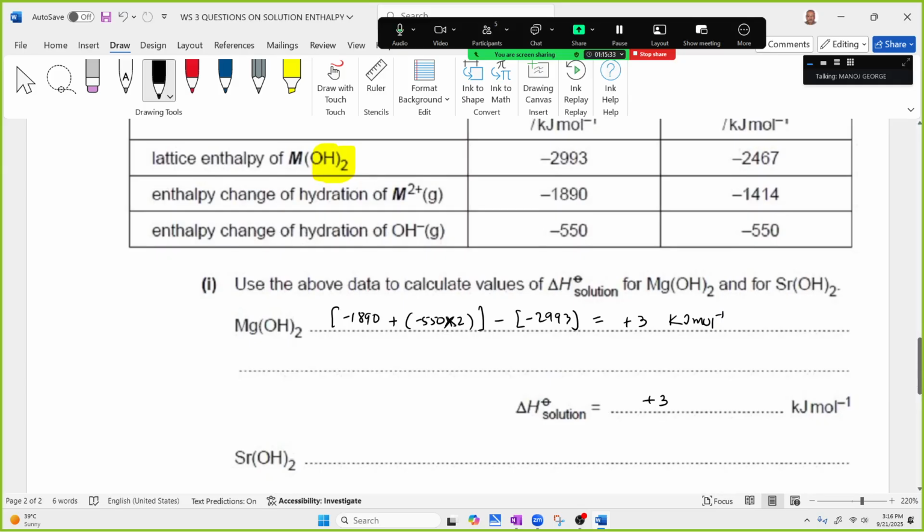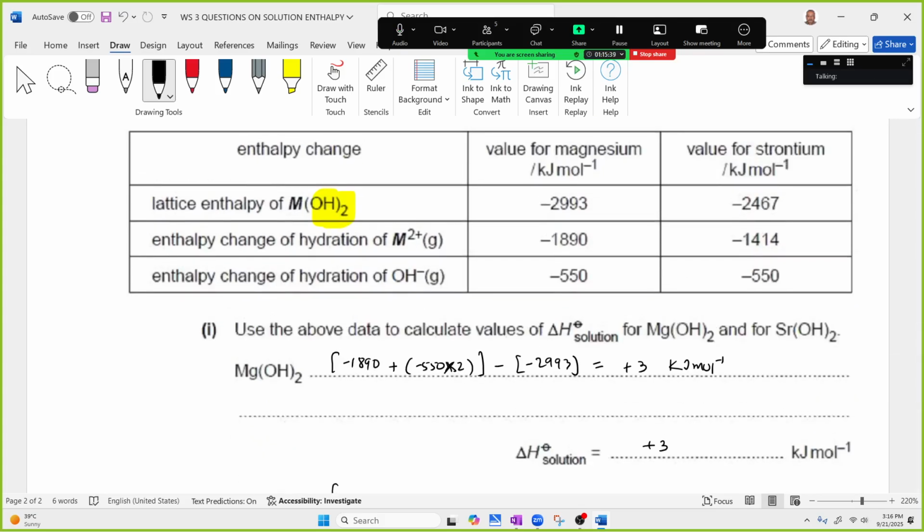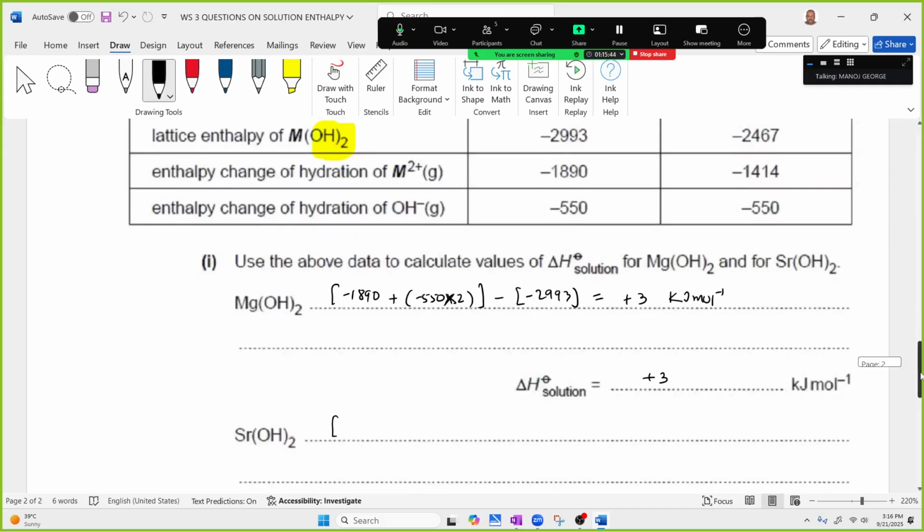So hydration is given as, now you have to use the strontium value, minus 1414 plus minus 550 times 2, and the lattice is negative 2467.